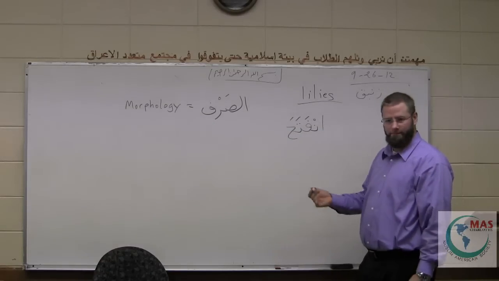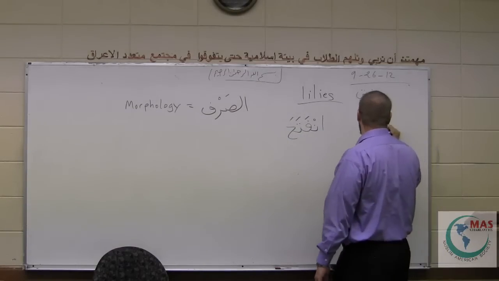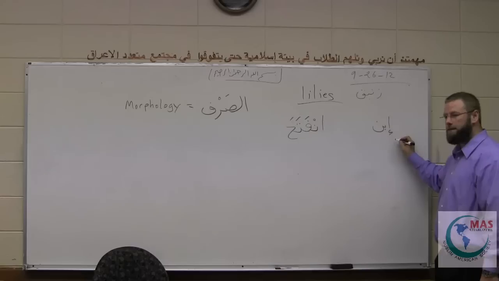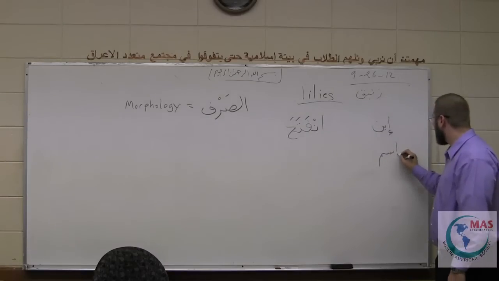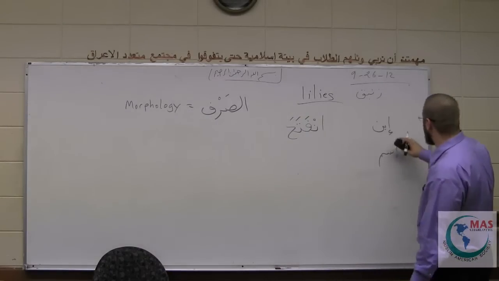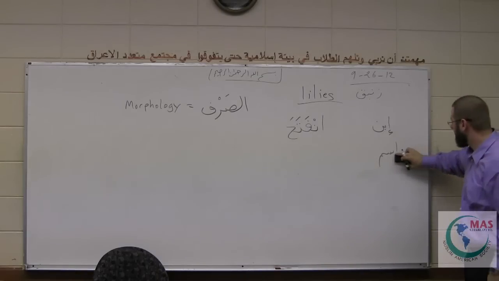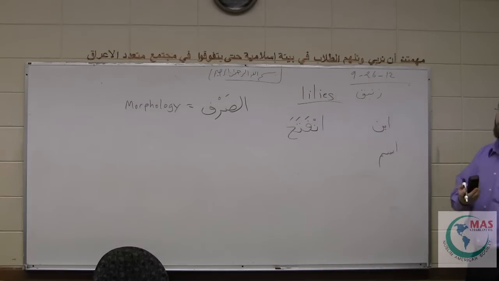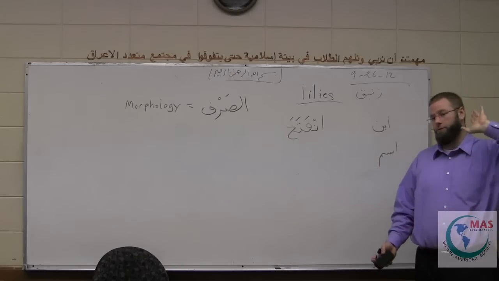Like ibn and ism, right? These are not hamza. There's no hamza here. You will not see an ibn anywhere like that. It doesn't exist. Same thing with ism, right? Those words don't exist. This is what it looks like. It's just there to facilitate the beginning of a talk, because Arabs decided, a long time ago, we cannot start a word with sukoon.